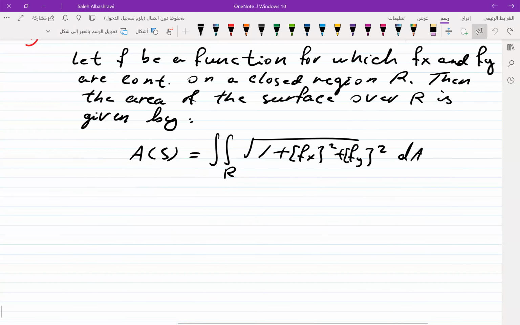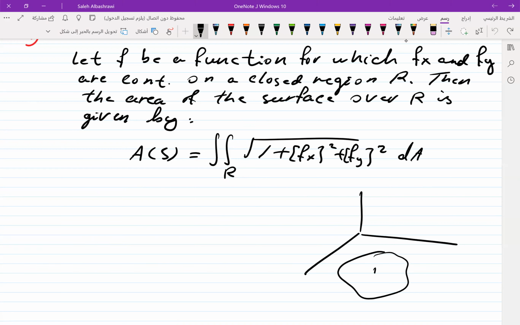In this definition, we are speaking about a three-dimensional surface. Suppose that we have three-dimensional space, and the region R is given down in the plane; in the third dimension we have some surface over the given region R. We need to find the area of this surface, which is given by the double integration of the square root of 1 plus f sub x squared plus f sub y squared.